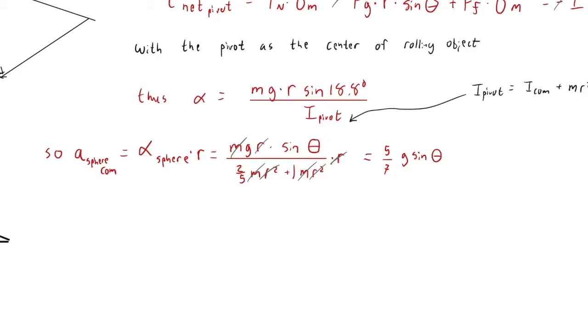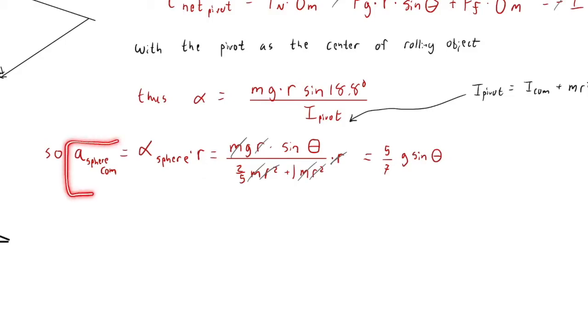So if I'm going to go from the angular acceleration of the entire object to the translational acceleration of the center of mass, then I simply have to multiply angular acceleration by radius, okay? That's that same type of relationship we've seen again and again, okay?